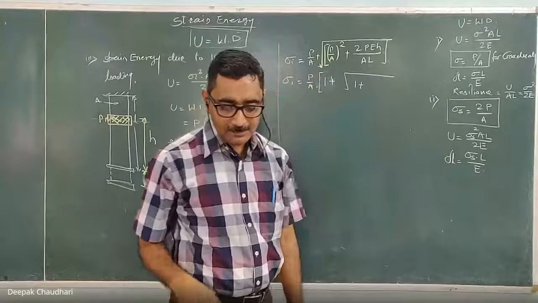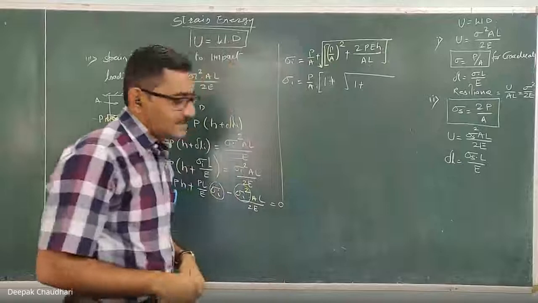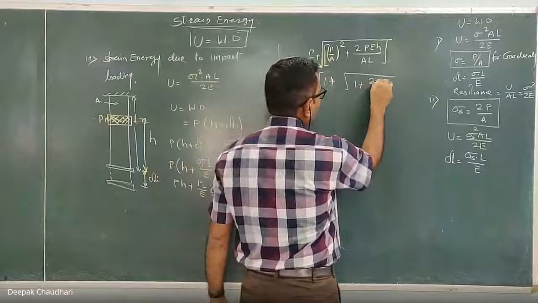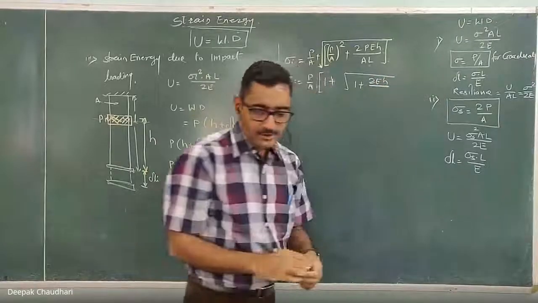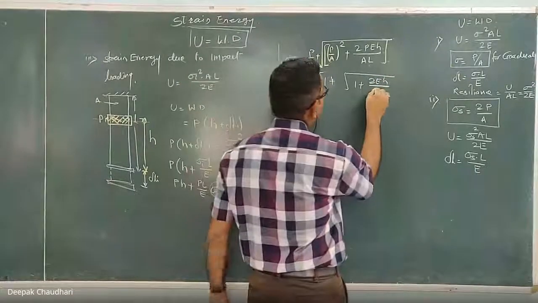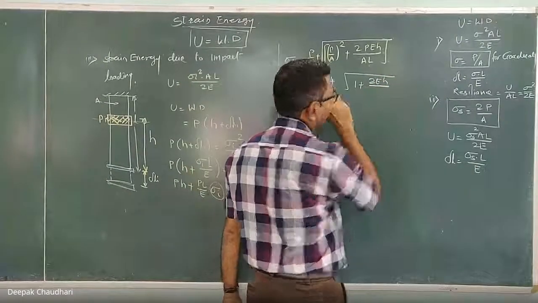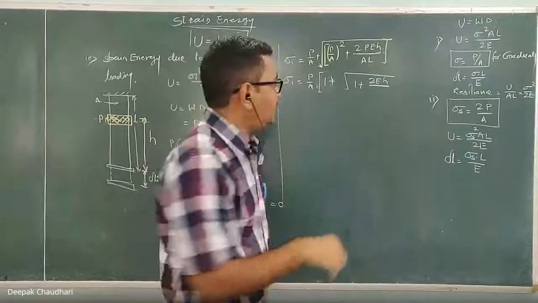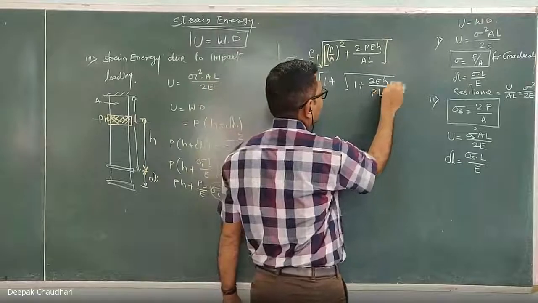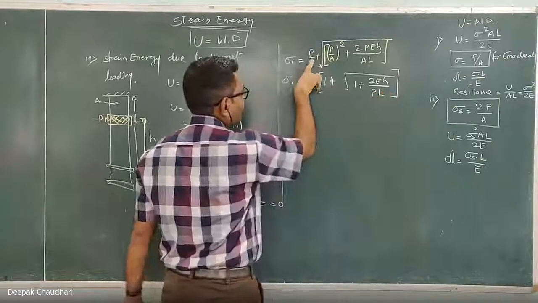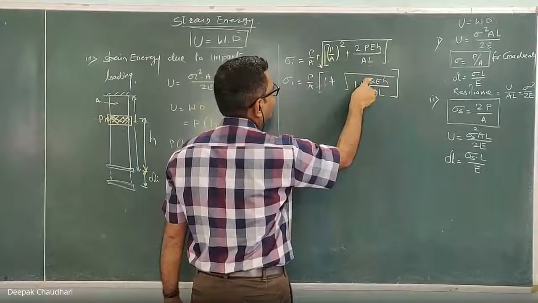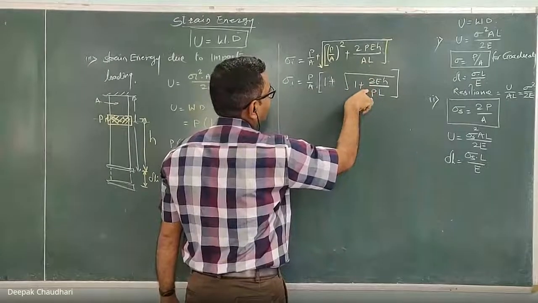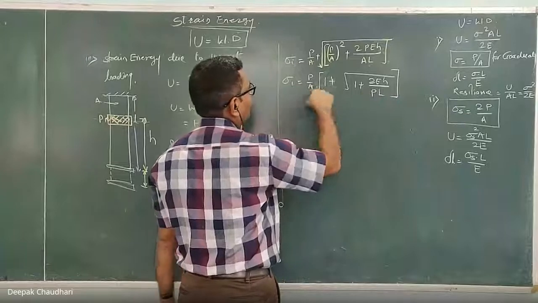So it will be 1 plus under root of 1 plus 2EH upon PL. Because if I take it inside, it becomes P square upon A square. So 1 P gets cancelled, and you will get A over here.